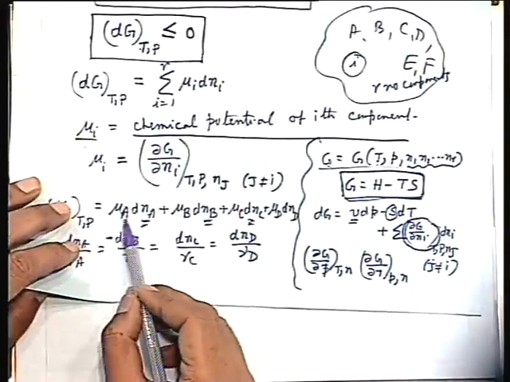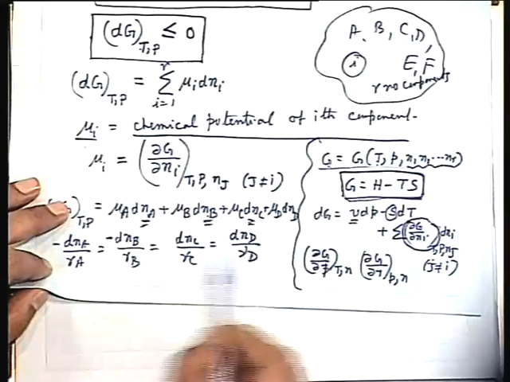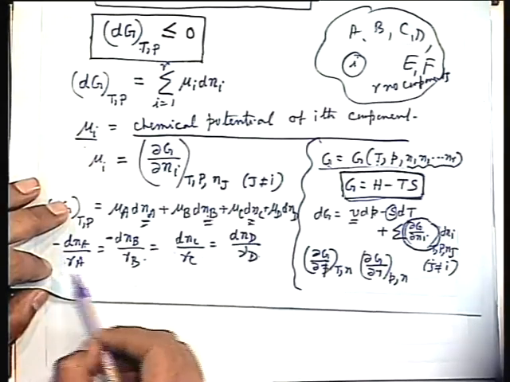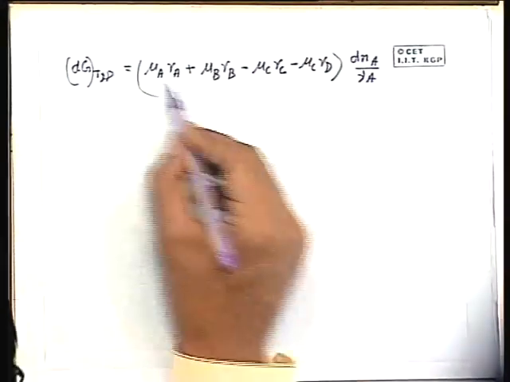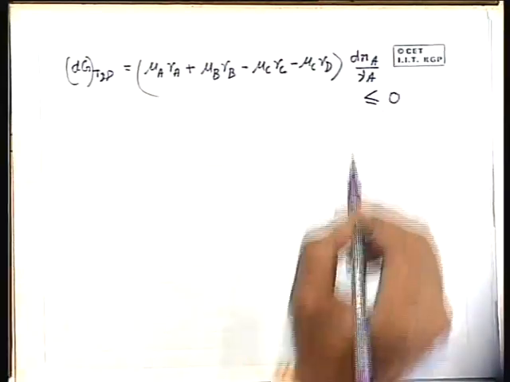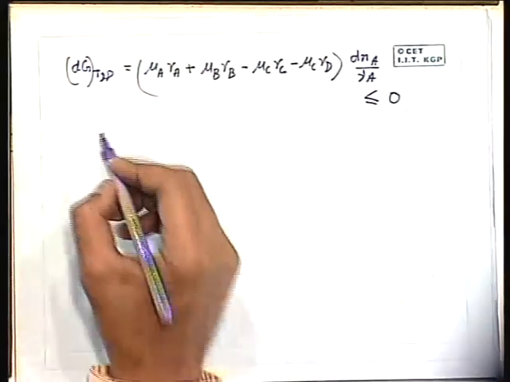You see, I just replaced dNA, dNB, dNC, dND by any of this proportionality. I express everything in terms of dNA by gamma A, so that one dNA by gamma A will come. So dG has to be less than or equal to 0 for a feasible process. Clear?